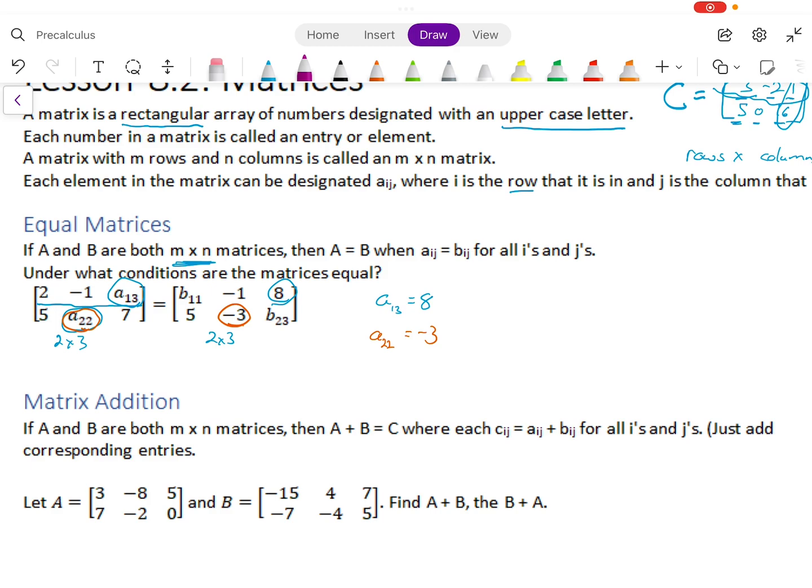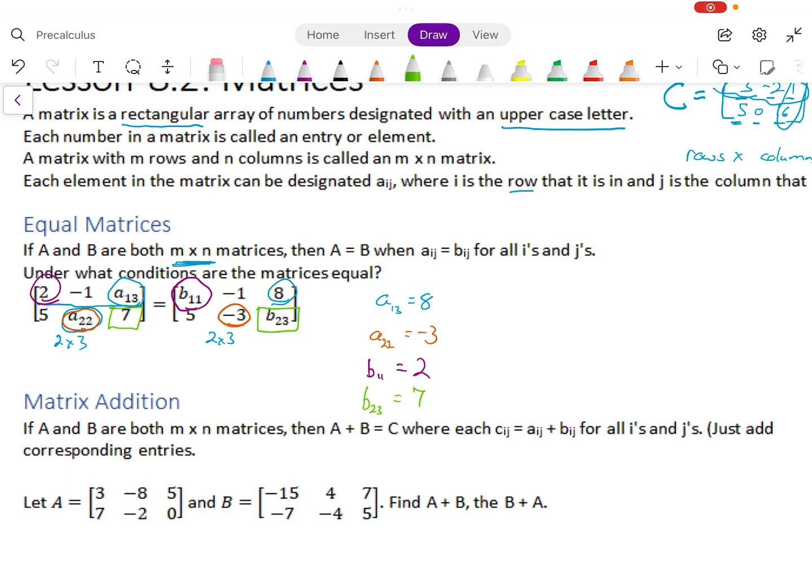Coming over to matrix B, B11 has to be equal to A11, so it has to be equal to 2. And then finally, B23 has to be equal to A23. So corresponding elements have to be equal.